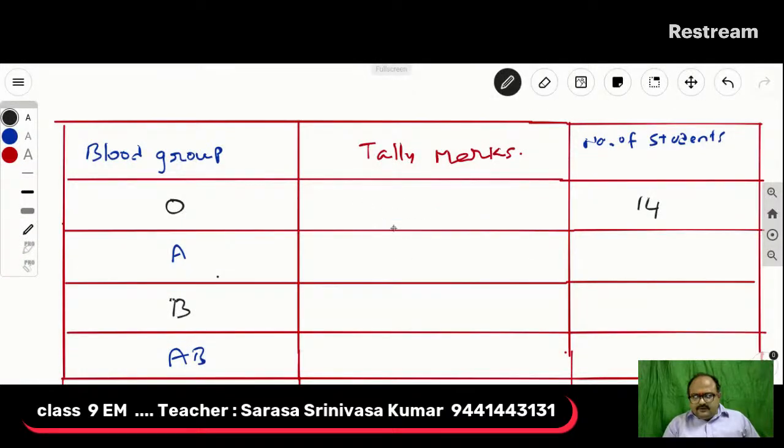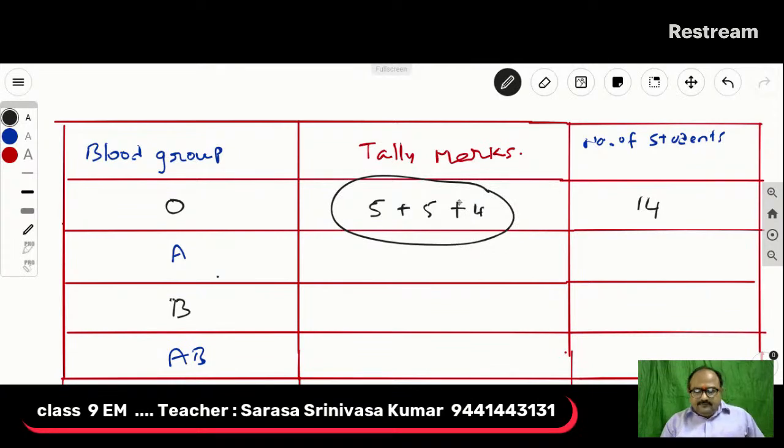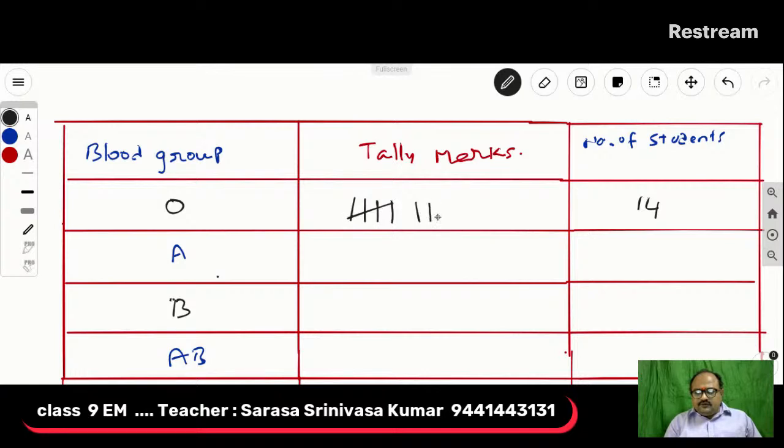How to write 14? 5 plus 5 plus 4. This is how we write the tally marks. 1, 2, 3, 4, 5; 1, 2, 3, 4, 5; 5 plus 5 is 10.